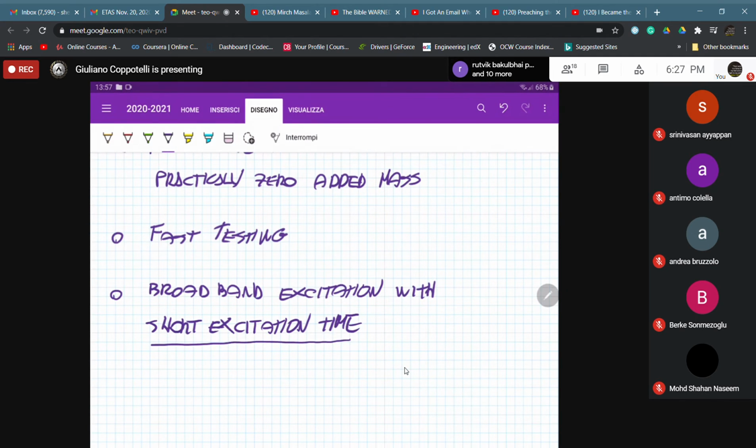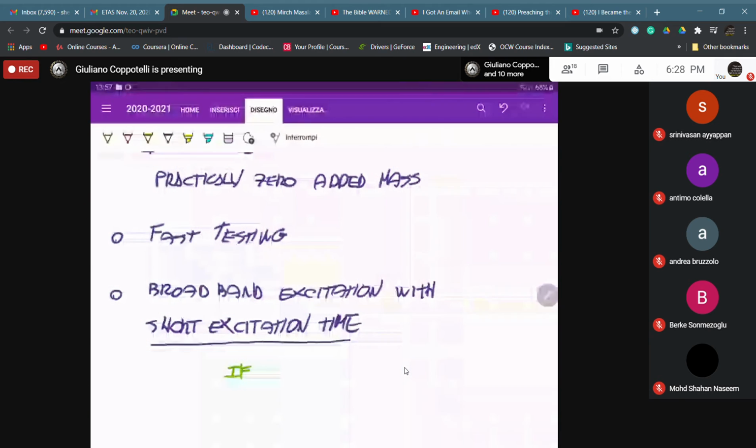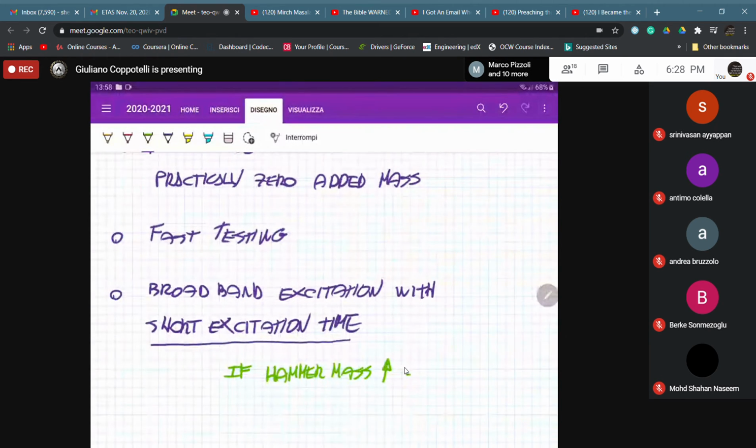Please note that I'm just writing that once again. If hammer mass is increasing, then what I call the maximum frequency for a prescribed attenuation level is decreasing.